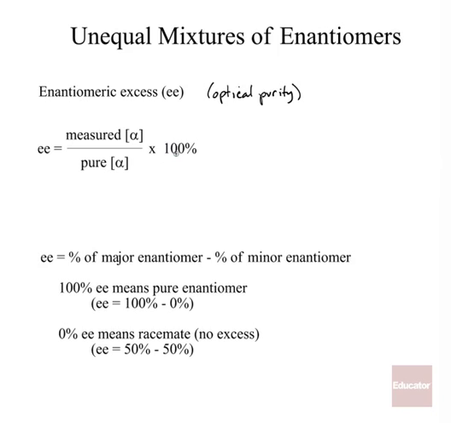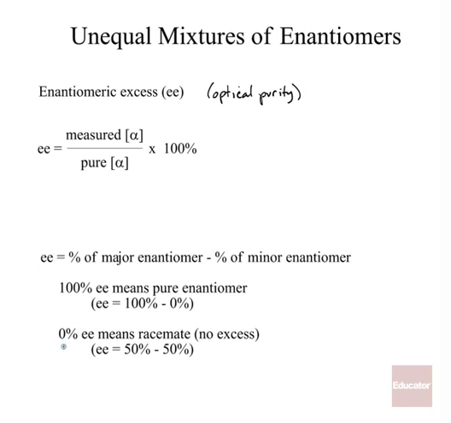Another way to describe EE is to say that the EE is the difference between the percentage of the major enantiomer and the percentage of the minor enantiomer. So for example, 100% enantiomeric excess means you have pure enantiomer, 100% in excess of a single enantiomer. Your EE is 100% of one minus 0% of the other.